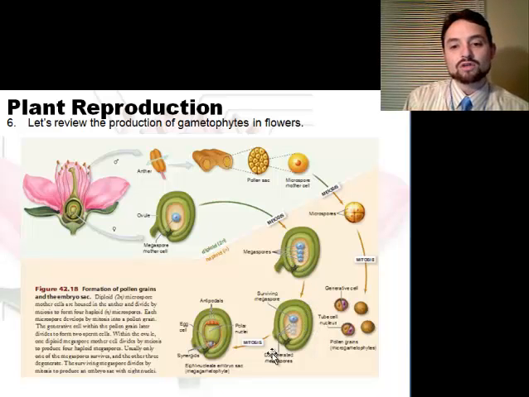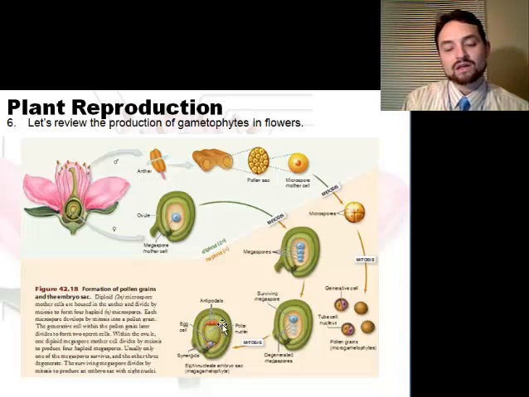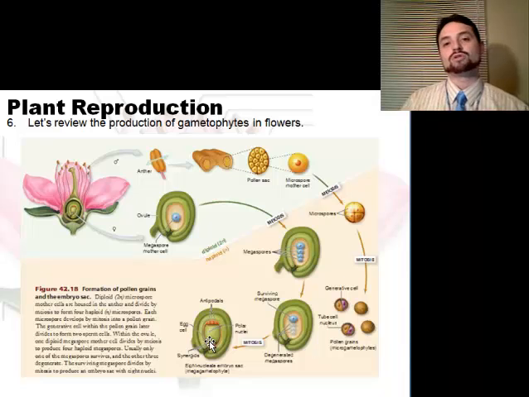So then you've got here the egg, the polar nuclei, and this embryo sac that surrounds them, ready to be fertilized. And of course double fertilization will take place: the polar nuclei are fertilized to produce the endosperm, and the egg cell is fertilized to produce the embryo. So it's a very interesting process that takes place here.